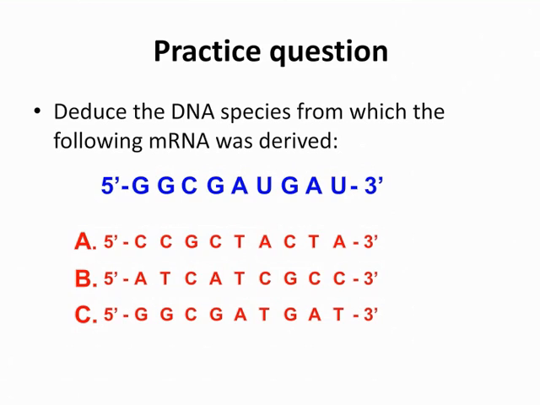So you should get C, C, G, C, T, A, C, T, A. So that's the answer from 3' to 5', but since the answer choices are 5' to 3', you just have to flip it over. So the answer would be B, which is A, T, C, A, T, C, G, C, C. So just practice these sort of problems a little bit, and you should be fine on the test.